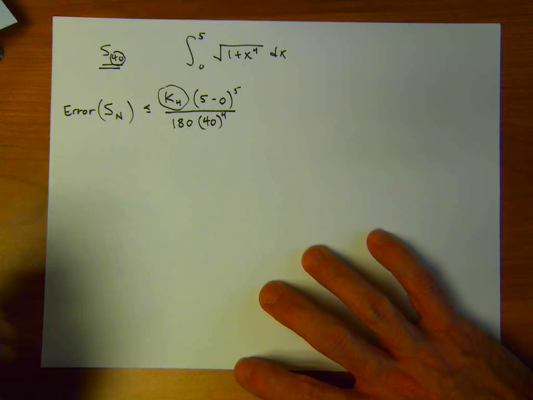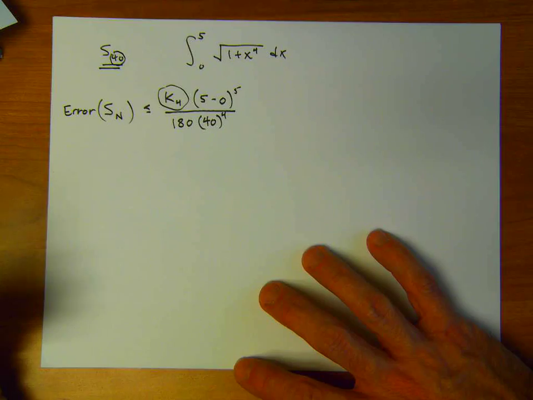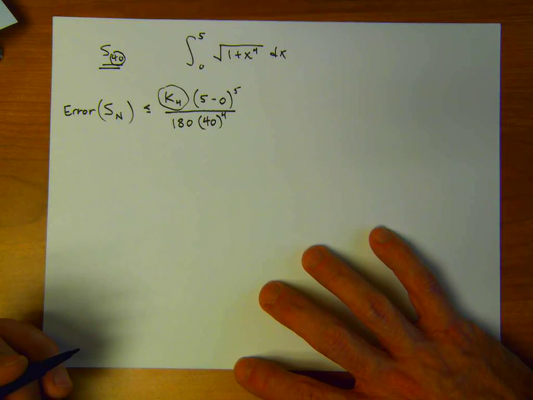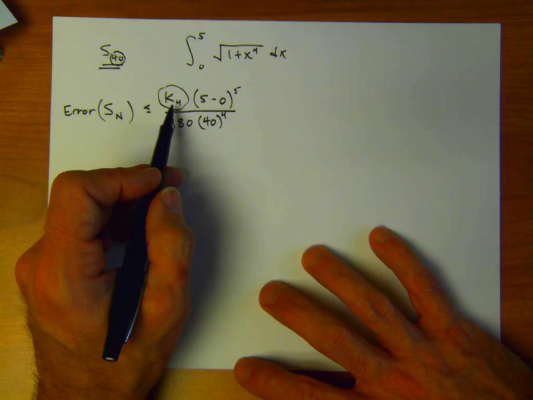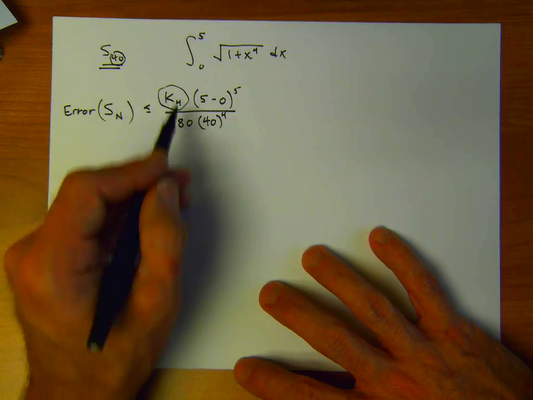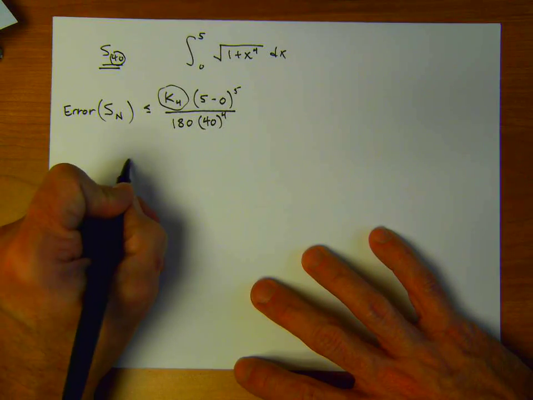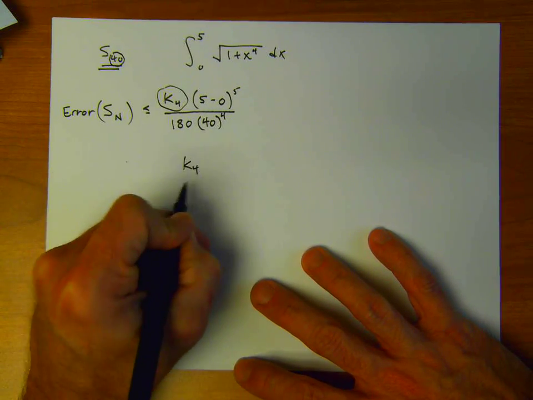So the trick here is to find k4, and the way this is stated in the text is it tells you to use a computer algebra system. That's what the CAS stands for, and we could use GeoGebra as a computer algebra system. Let's remember what K4 is first. K4 is the upper bound, right?